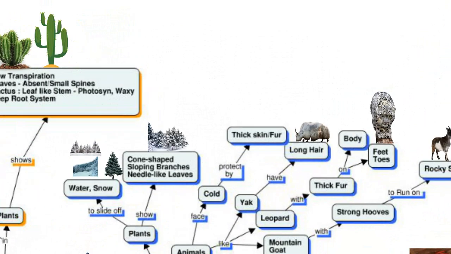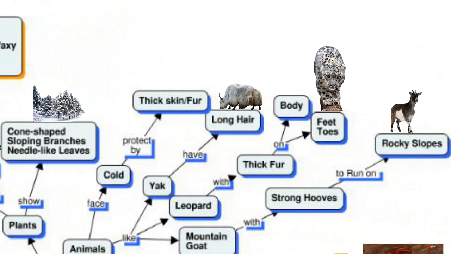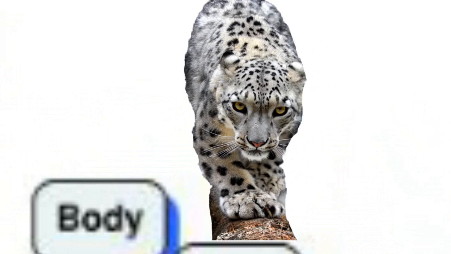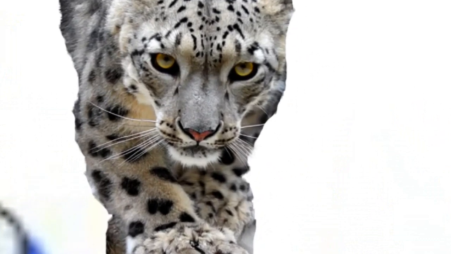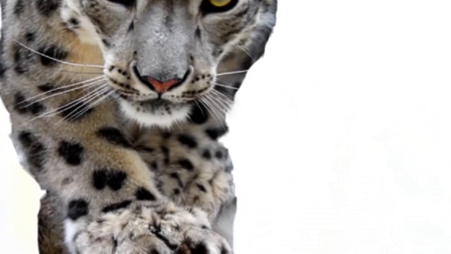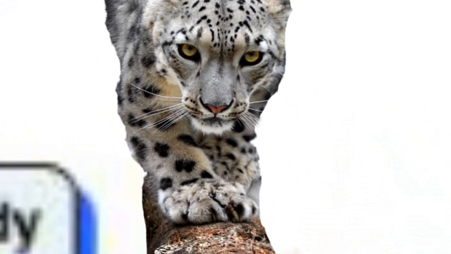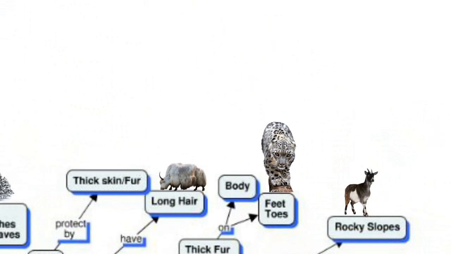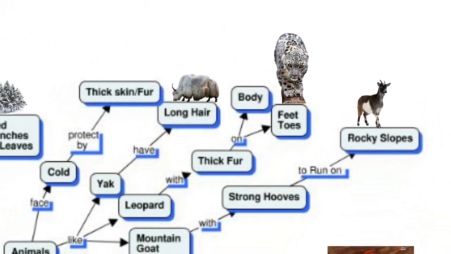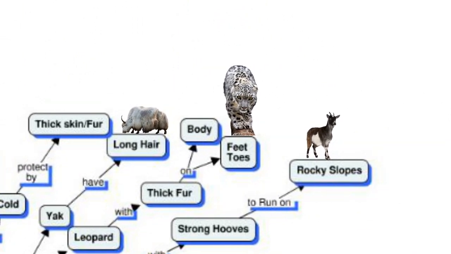And animals like the snow leopard have thick fur on their body and even on their feet and toes. And animals like the mountain goat have strong hooves to run on the rocky slopes.